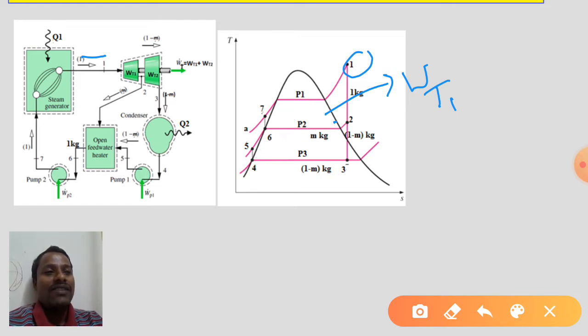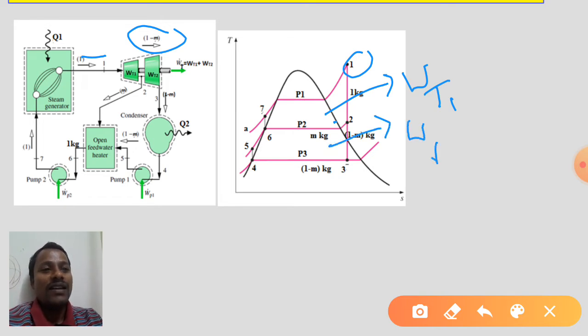Then the remaining steam quantity, that is 1 minus m kg, further expands between 2 and 3, producing WT2 in turbine stage 2.